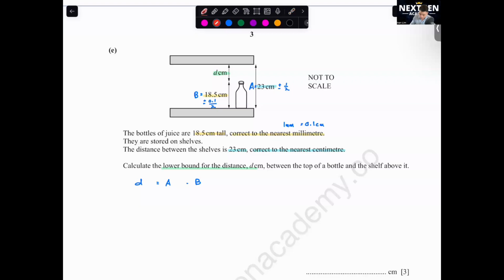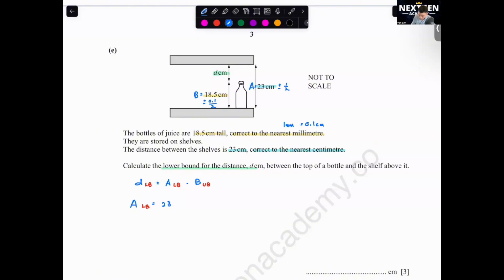Then they want us to find lower bound. Okay, what is the combination? Something minus something. Okay, lower bound minus upper bound. Very good, Jody. Lower bound minus upper bound. All right. So can you all go and find the lower bound and upper bound for A and B? So let's do this one. A is 23. Okay, I want to find the lower bound.